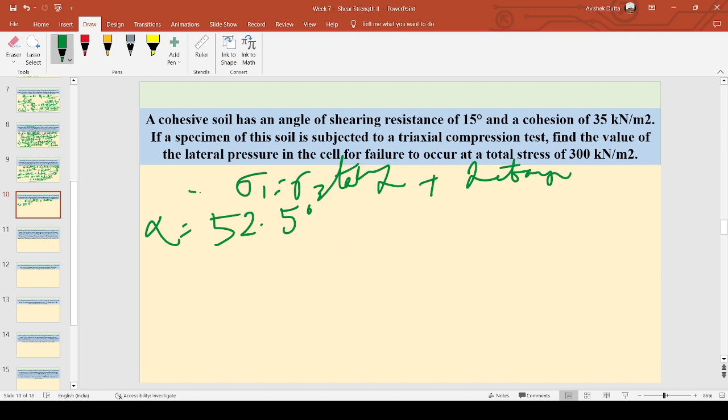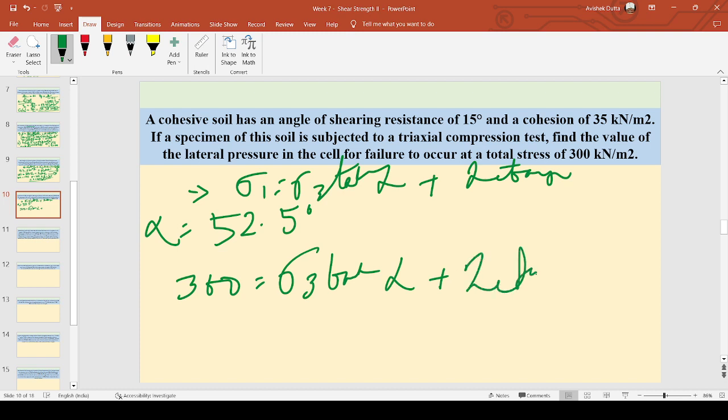So, in this equation, if we put the value of sigma 1 as 300, 300 equals sigma 3 tan square alpha plus 2c tan alpha, alpha 52.5 degree, sigma 3 we need to find out, and the value of C is 35.